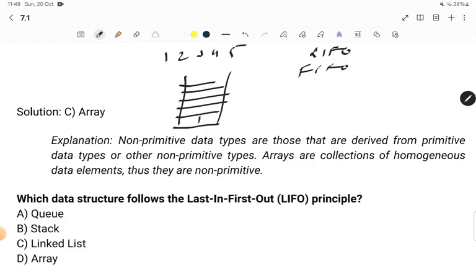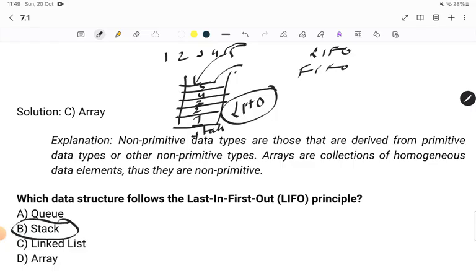First 1 is stored, then 2, then 3, then 4, then 5. This is the stack. The last number that you have put is the first one we pop. It means the LIFO principle, last in first out. So stack is the correct answer.